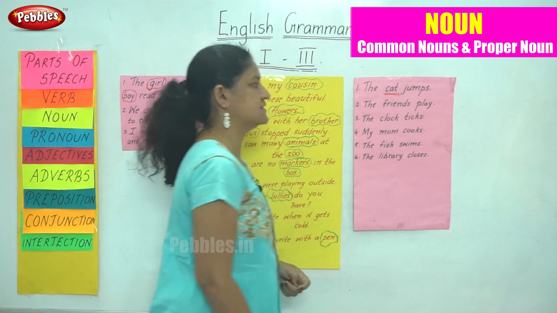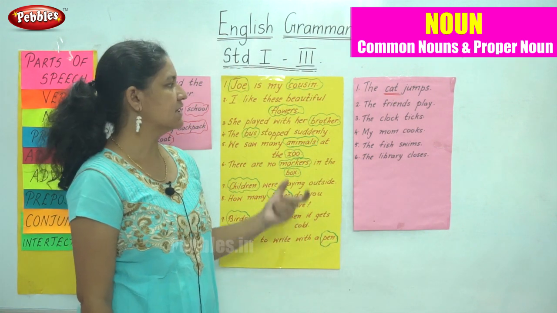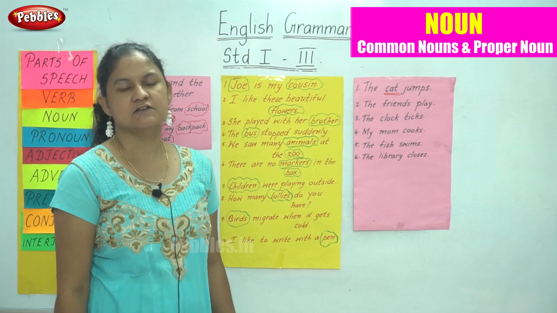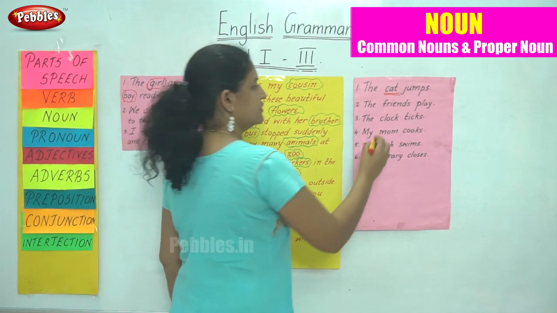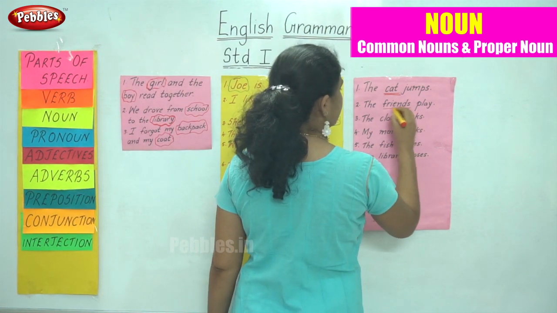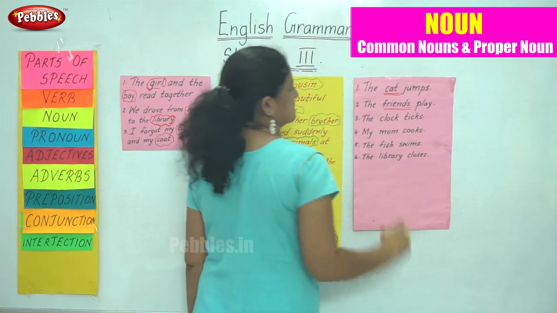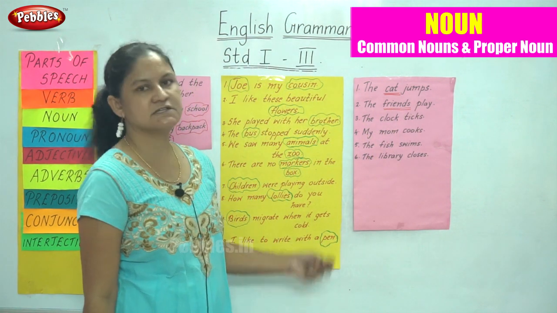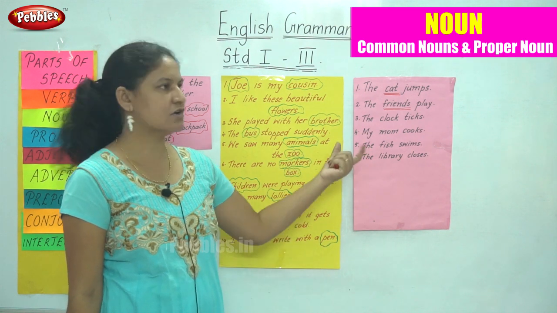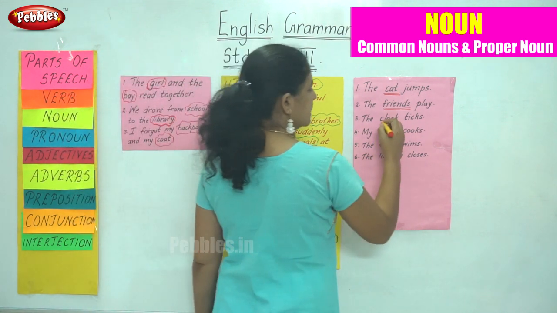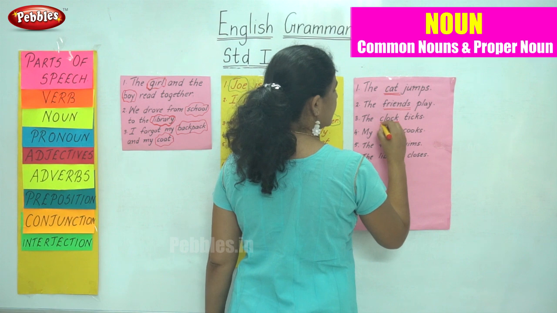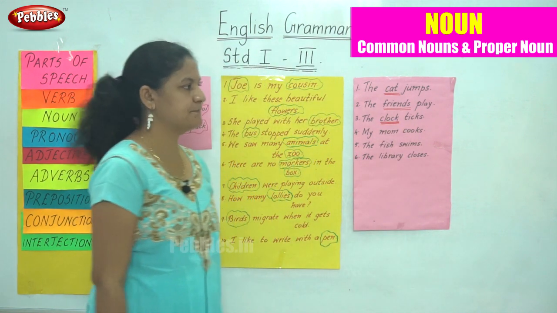The next sentence, the friends play. So friends is the noun in the sentence. So I underline the word friends. In the next sentence, the clock ticks. So clock is the name of a thing and is a noun. So underline the word clock.